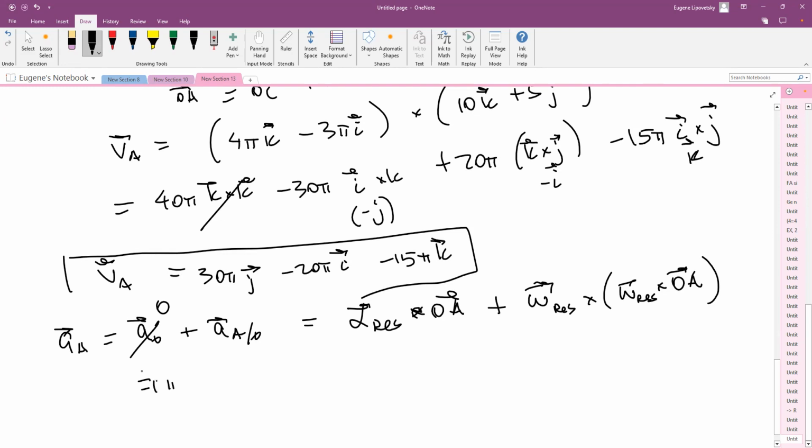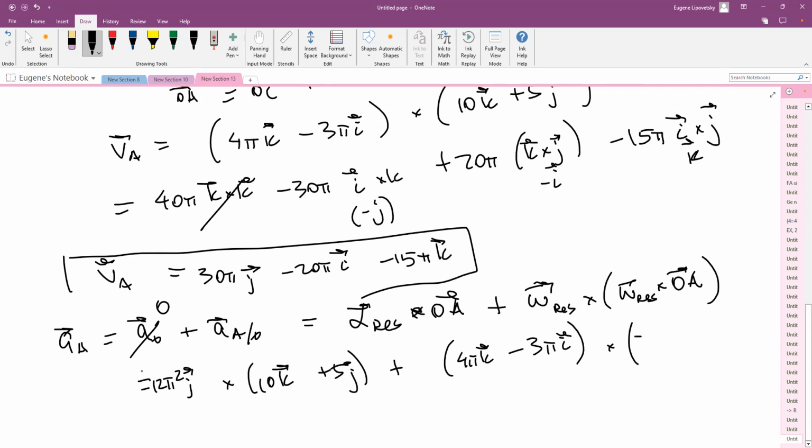12 pi squared j. That's the alpha resultant in the moving coordinate frame. Cross product with 10k plus 5j, and plus 4 pi k minus 3 pi i.